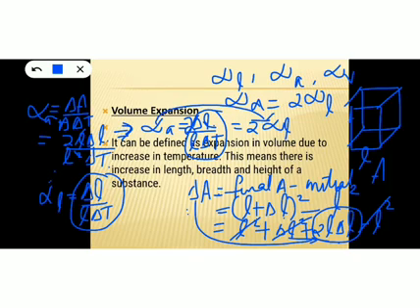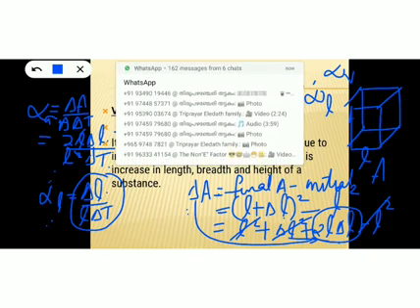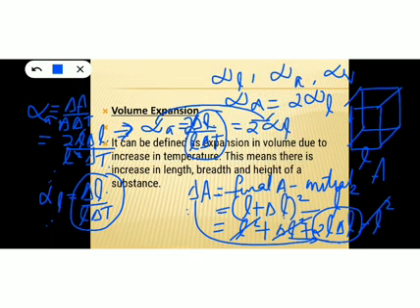So what we have done? First we wrote the expression for alpha L, that is delta L by L into delta T. Now consider a cube of length L and heat the cube. So its length will increase in all sides, so the area of the cube will increase, and the increase in area is final area minus initial area.